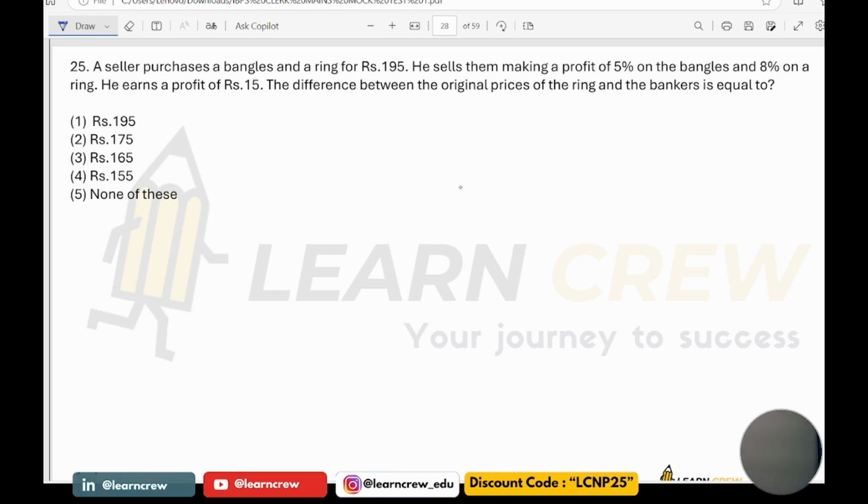So the cost price of the bangle, if it is X, then the cost price of the ring would be 195 minus X. So 5% of X plus 8% of 195 minus X is equal to 15.